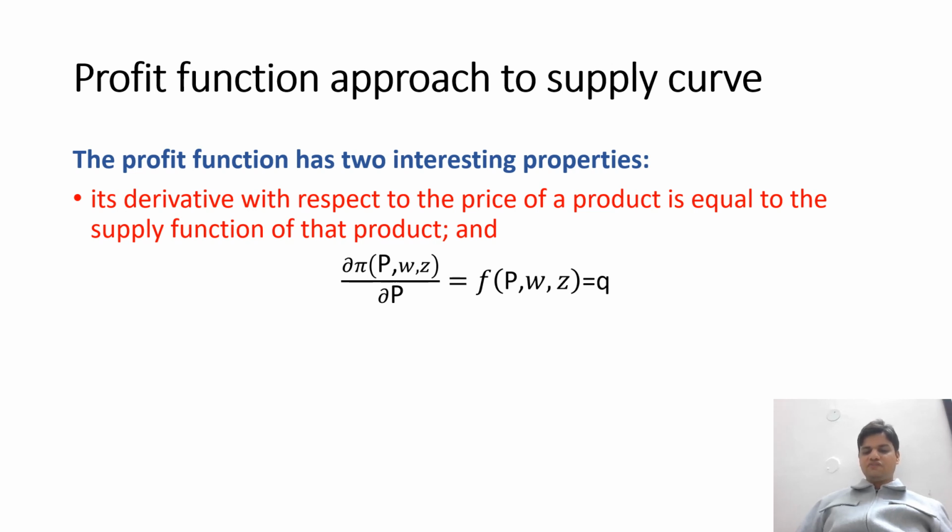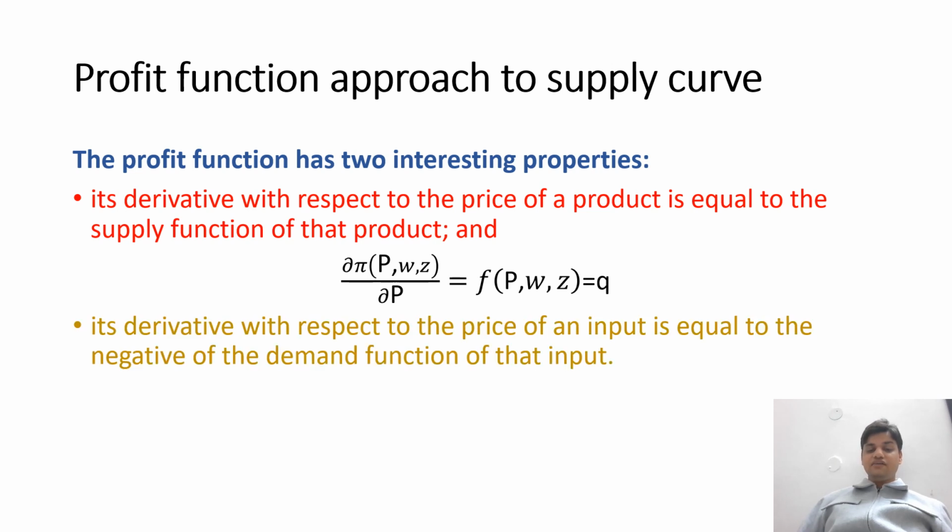Not exactly the production function, but the output supply function. And if you take the partial derivative with respect to the price of an input, in this case W, then you will receive the negative of the demand for that input. So if you do so, then you will receive minus G, which is a function of P, W and Z, which is equal to minus X.